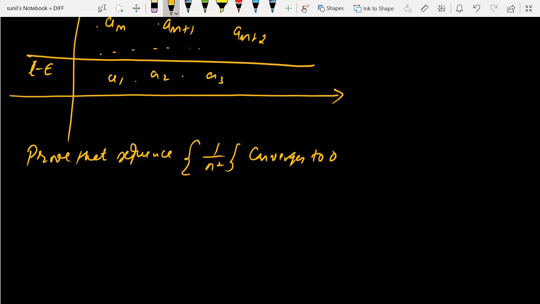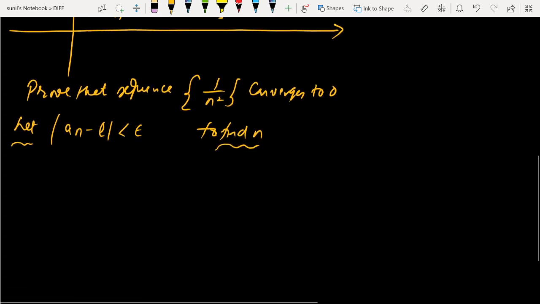See how we start, friend. The definition is mod a_n minus L less than epsilon. We take it like this, and then we have to find m. Please note that this m depends on epsilon.